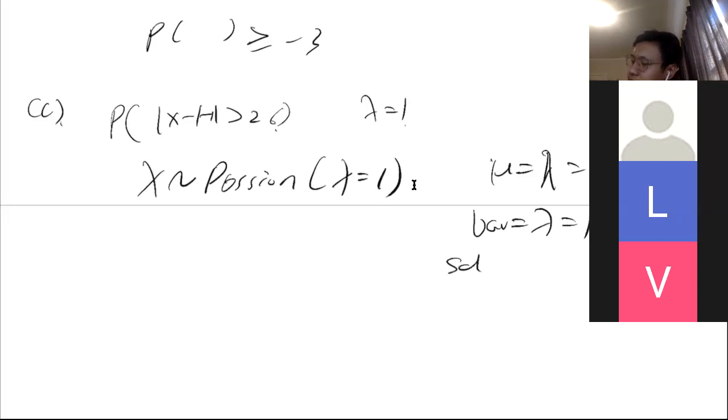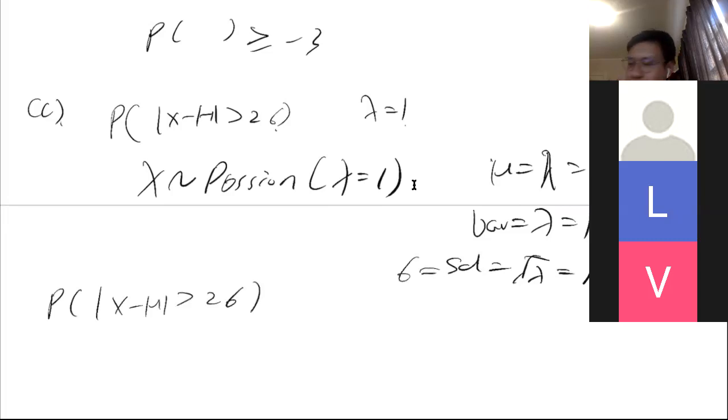So sigma is the square root of lambda, which is also 1. So we're finding the probability of |x minus mu| greater than 2 sigma. Essentially we're finding the probability of |x minus 1| greater than 2 times 1.